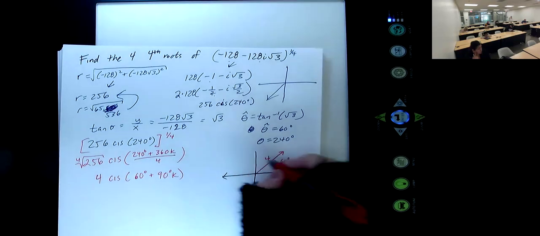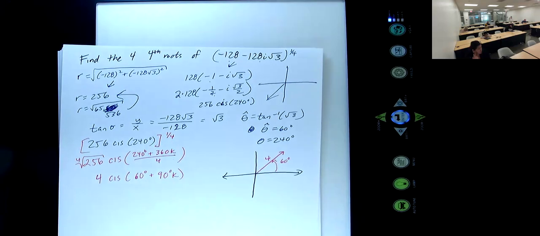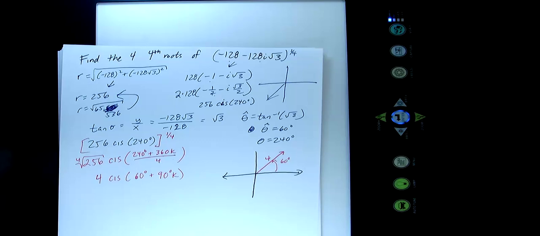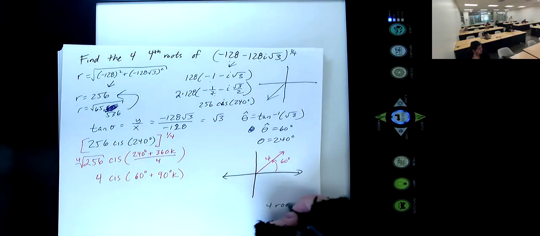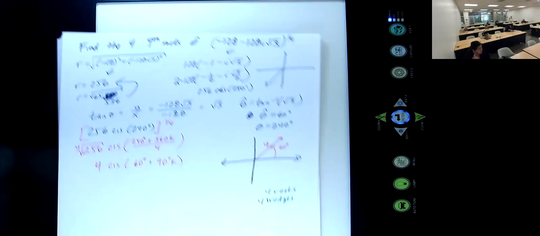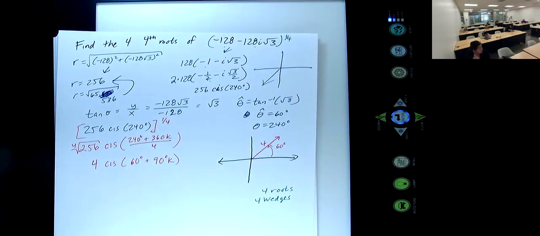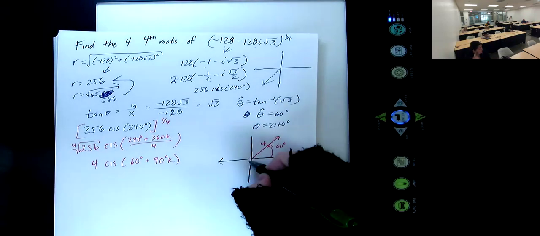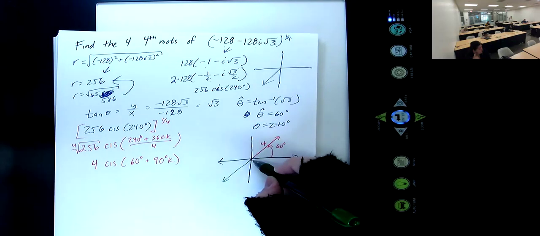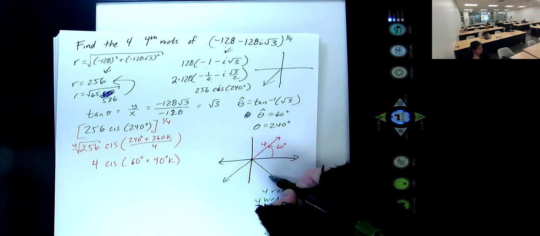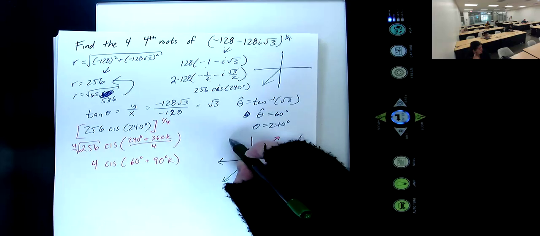That almost looks like 45, let's say it's 60, let's say I do a better graph than that. I had 4 roots, so 4 wedges, which means I need 4 pie slices. I'm cutting this into 4s. I'm just gonna do a line going the opposite direction and then try to do one that cuts this into 4s.